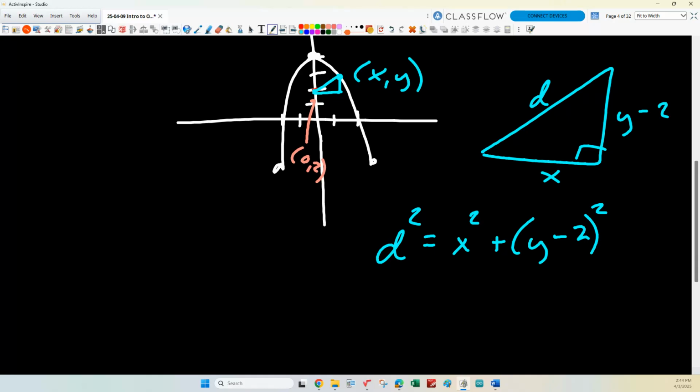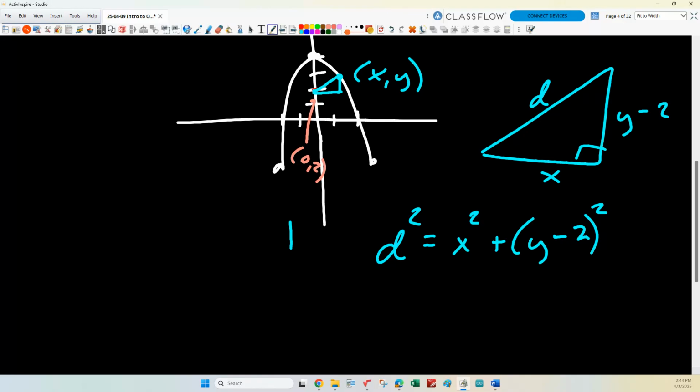No. We just want to minimize the distance. Well, wouldn't the minimum value of distance also be the minimum of d squared? If we find the smallest value for the distance d, wouldn't that also be the smallest value for the square of d? Everybody get that?